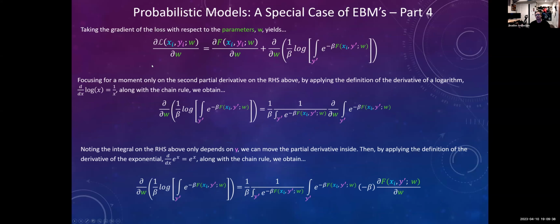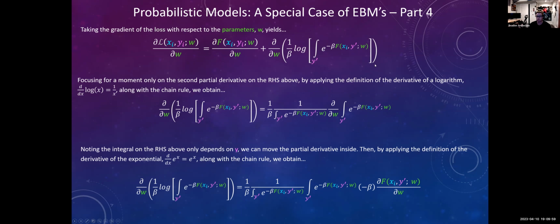And so now, if we're actually going to want to train our model with this loss, we're going to have to take the gradient with respect to the model's parameters. So taking the gradient of this loss, this first term is pretty trivial, right? It's just the gradient of the energy of the correct answer. But the second term is a composition of functions. So we're going to focus on that for a little bit.